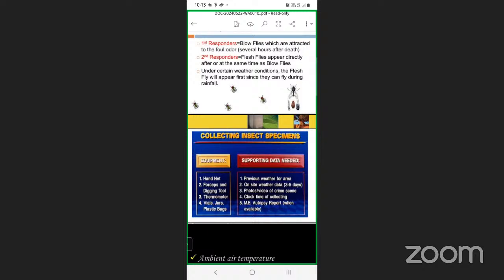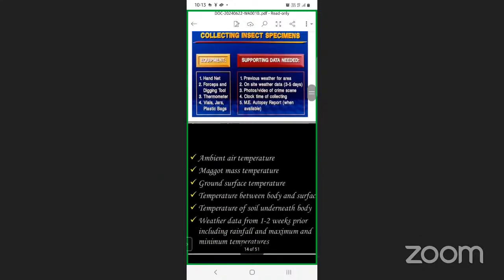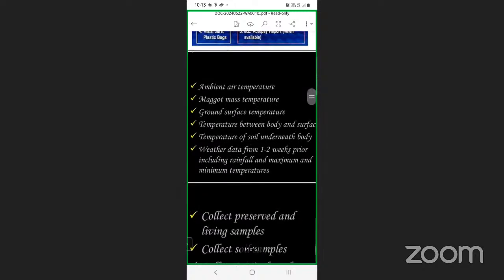Supporting data needed is previous weather for the area and on-site weather data. The flies that have been collected will be kept at ambient temperature.